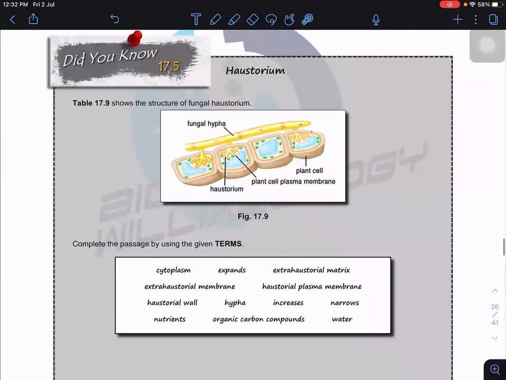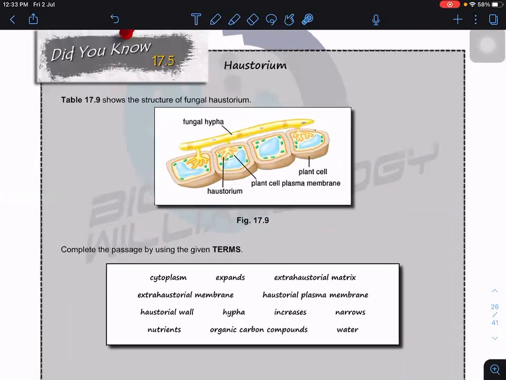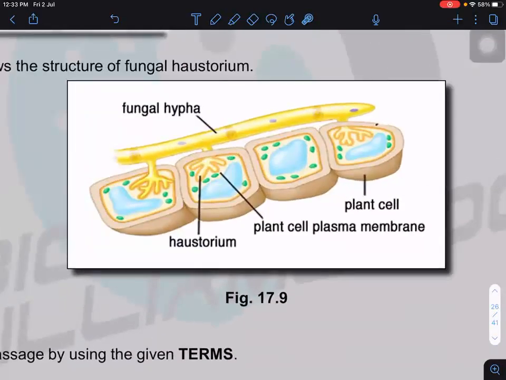One of the special features of fungi is that they have haustoria. What's a haustorium? It is a structure that can penetrate into the cells, not into the cytoplasm, but they form a structure that can absorb nutrients, because we know that fungi are heterotrophic.